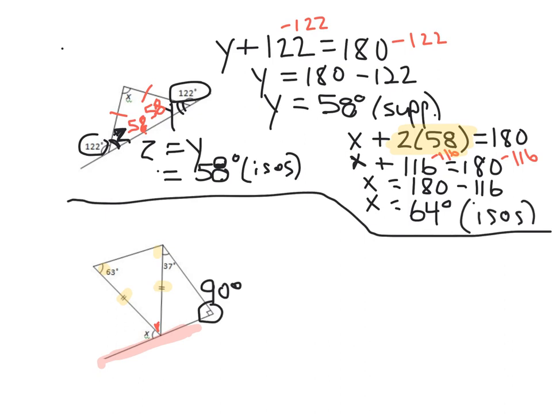I also know that I've got these congruent side lengths, which tells me that I've got angles that are congruent. So I know that if one side's 63, then I know the other side's 63, so I can get in that way. So I can figure that out, right? So that's, I think, where we're going to start.